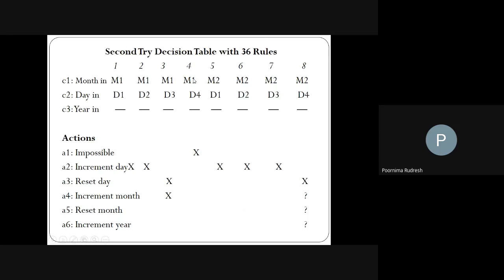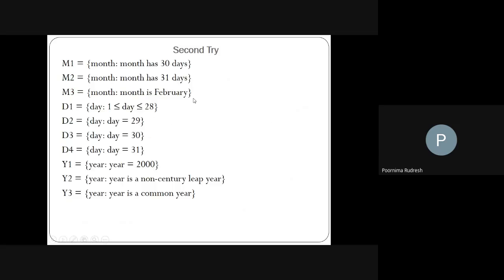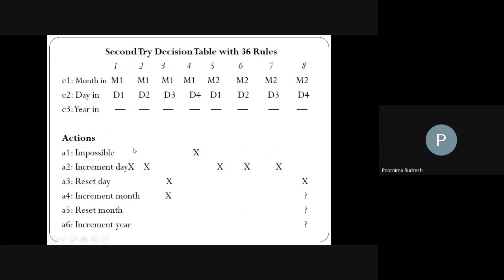Rule for M1 means it consists of only how many? 30 days is defined for M1. And if it is D4, what is the value we defined for D4? See here, it is 31. So if M1 is 30 and D4 is equal to 31, then it is impossible.